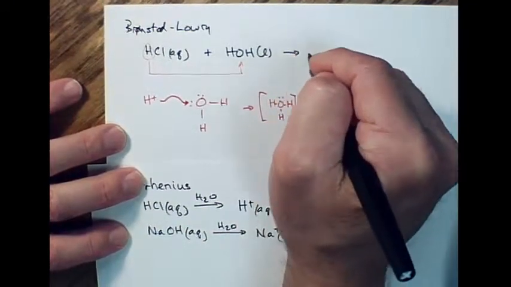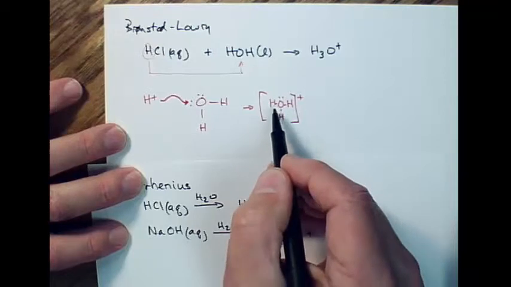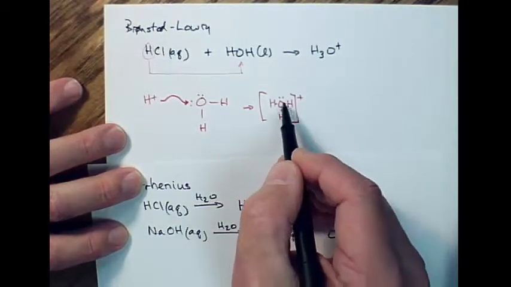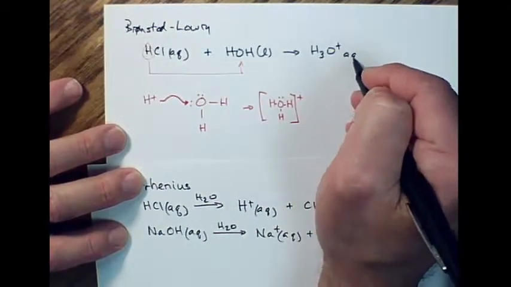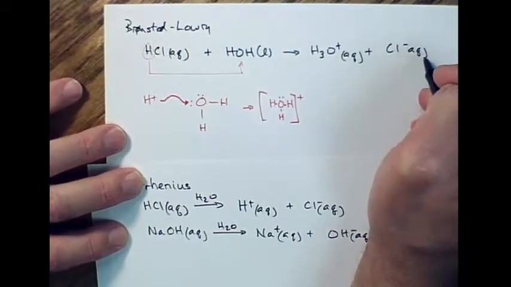So over on this side of the equation, we're going to have H3O with a plus charge. That's what this is. H, or hydrogen, covalently bonded with a pair of electrons to oxygen in all three places, plus that lone pair up there, and we get this formula. This is an aqueous ion, and we also have chlorine.